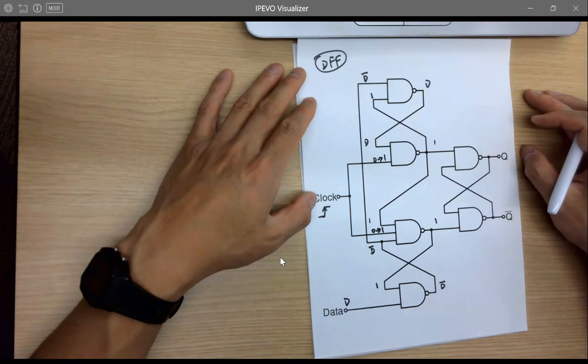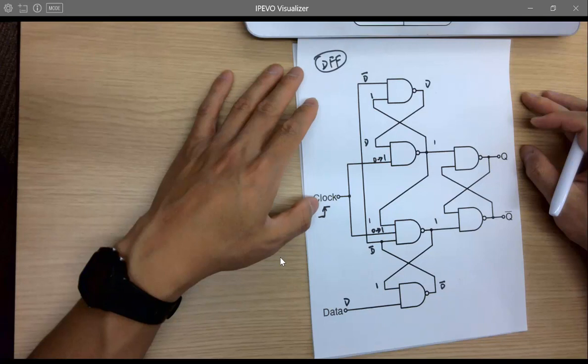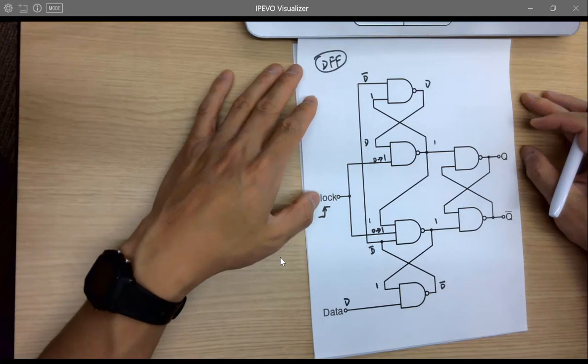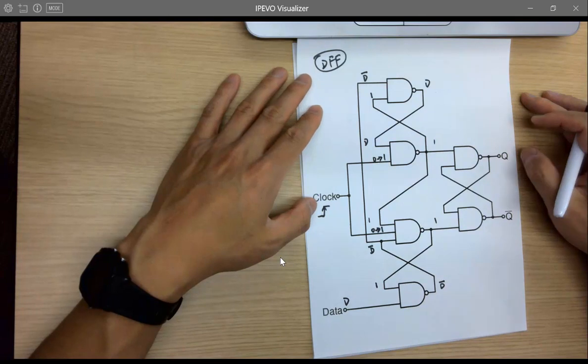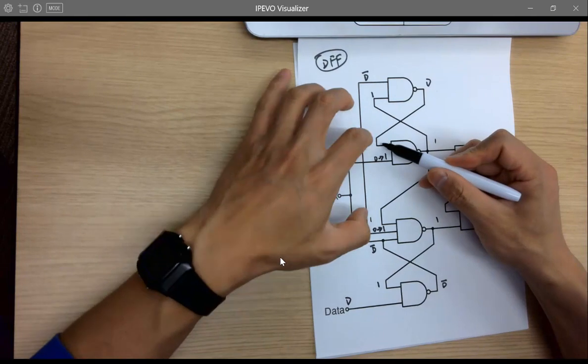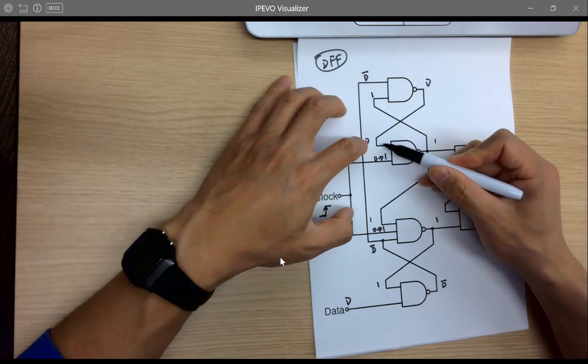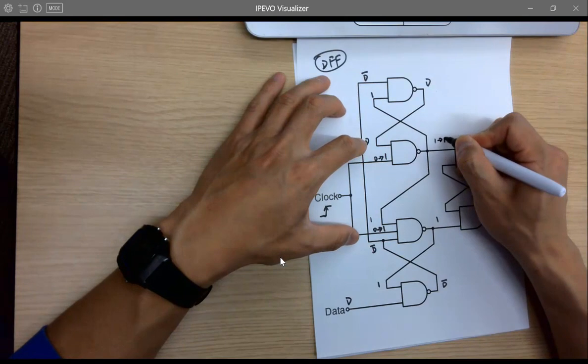What else is being changed over here? Because this is not 0 anymore, right? And this was D. Yeah, this becomes D naught, right?